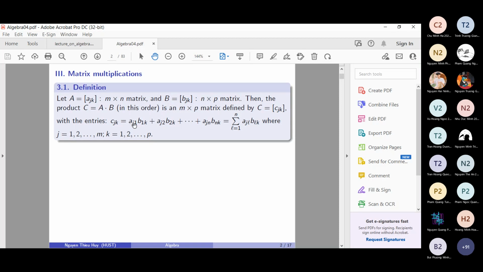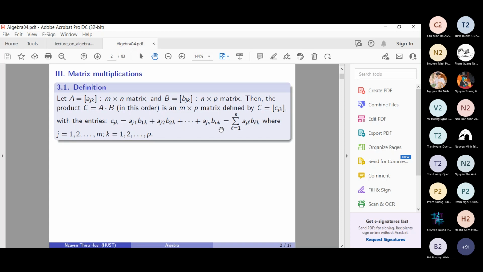So the first factor in every product is an entry of A, lying on the j-th row of A. And the second factors, B_1k, B_2k, until B_nk, are all lying on the k-th column of B, because the second index is k.